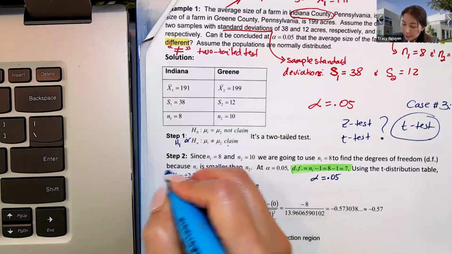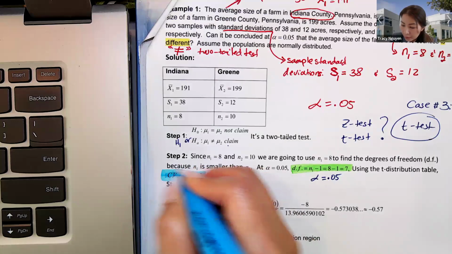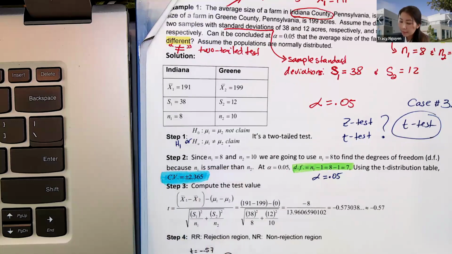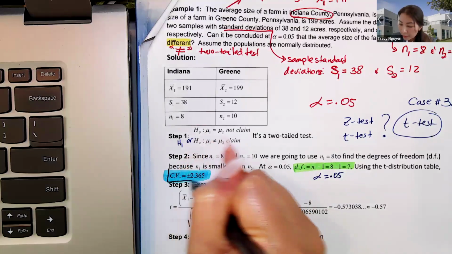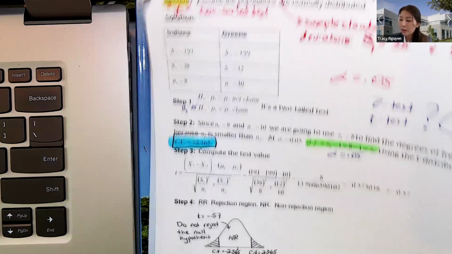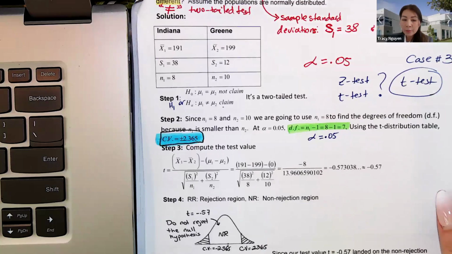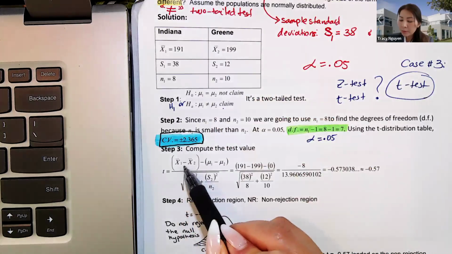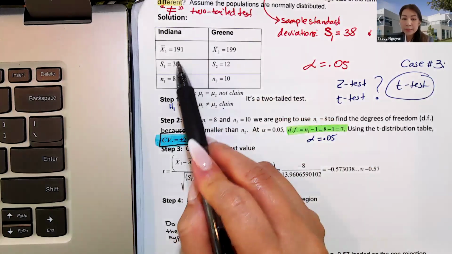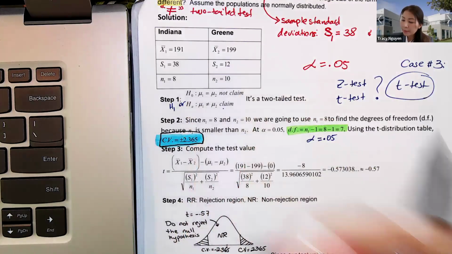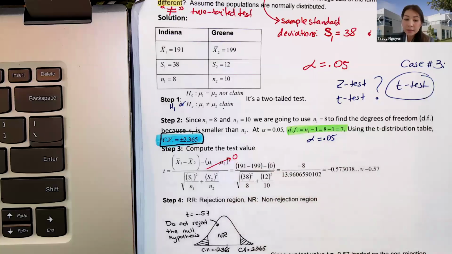Let's highlight this. Keep an eye on these values because we need them to draw our curve in step 4. So I'm going to box this. All right, we're going to compute our test value. Knowing what we have from our data summary here, t equals x1 bar minus x2 bar, which is 191 minus 199, minus mu1 minus mu2, and this part is 0.